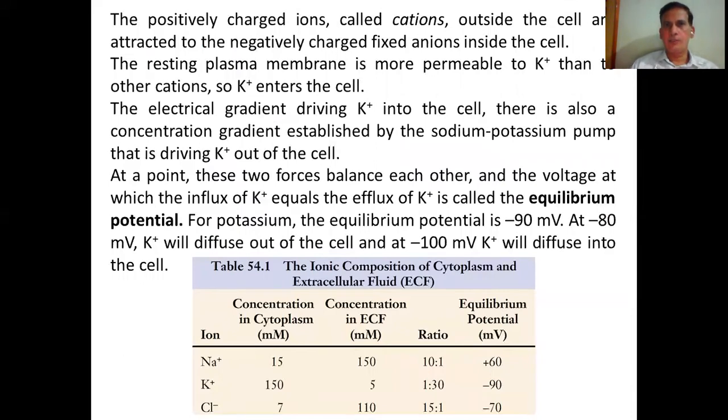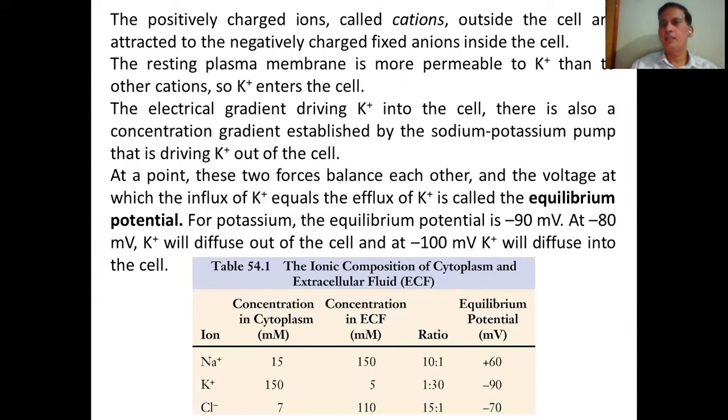The positively charged ions, called cations, are outside the cells. They are attracted to the negatively charged ions which are inside the cells. The resting membrane potential is more permeable to potassium than to other ions.